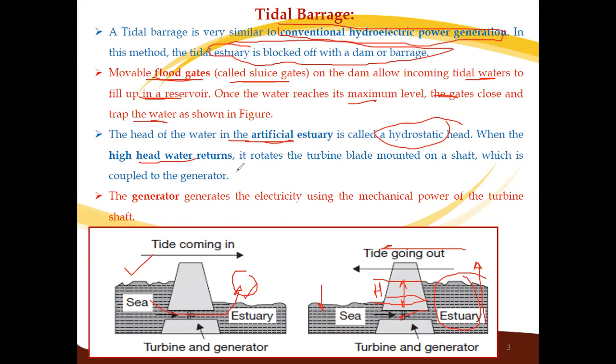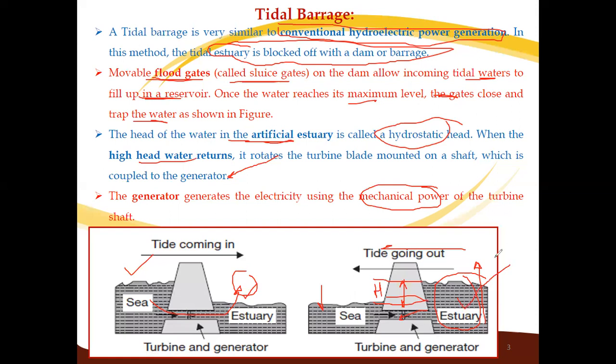The turbine is coupled to the generator, and the generator produces electricity from the mechanical power of the rotating shaft. So this is the first method by which we can convert tidal energy into electricity: the tidal barrage, a dam-like structure called an estuary.